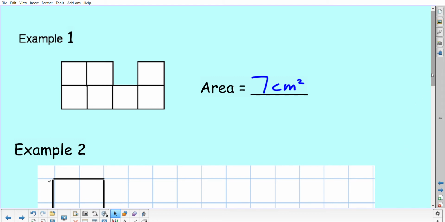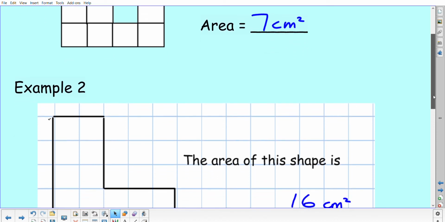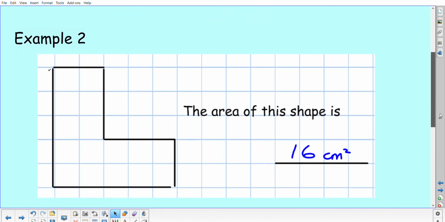So it is all about squares. You can see in these examples that we've previously looked at, on this one the shape is made up of 7 of these square centimetres, so we would write the area like that, just by simply counting.